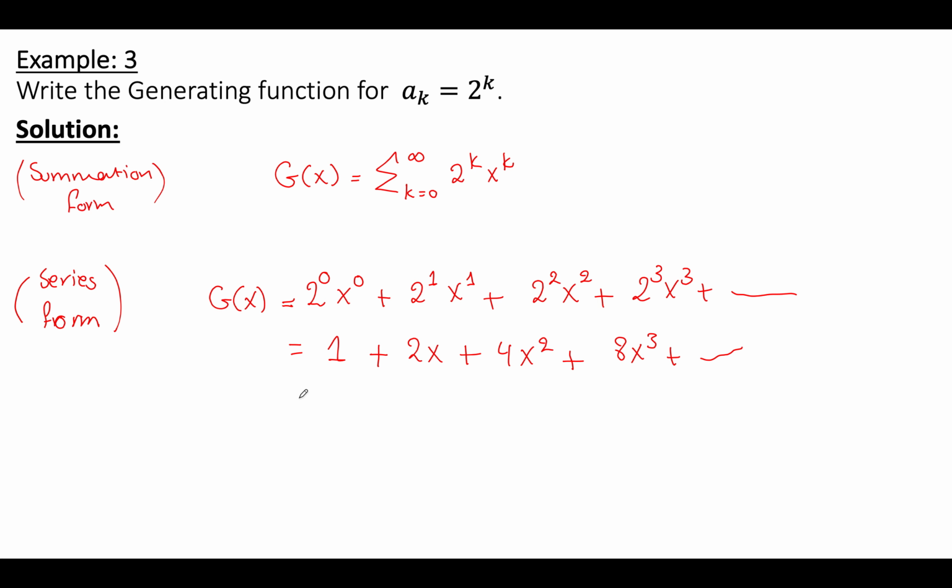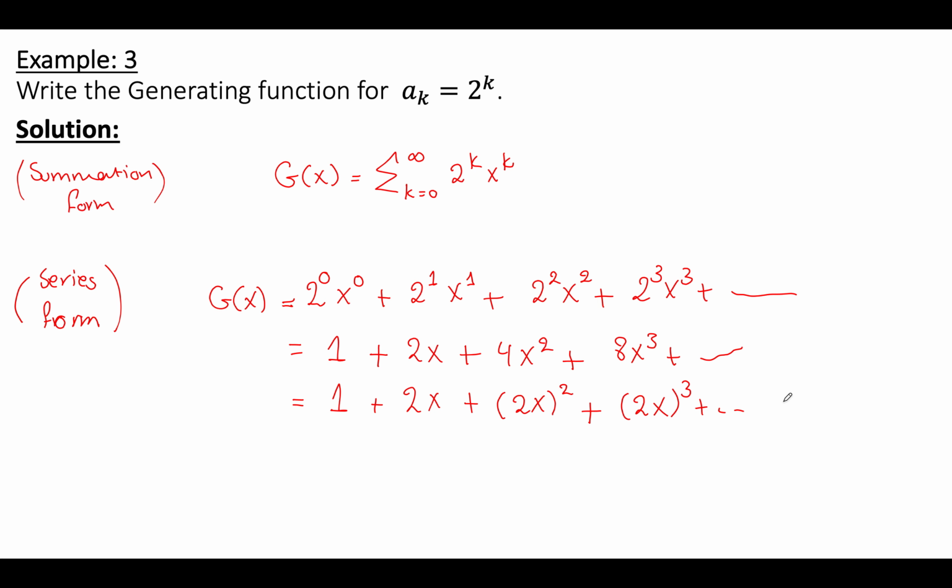So we can have the series as 1 plus 2x, and we all know that 4 is 2 to the power 2, so I can have it as (2x)^2, plus 8 x cubed, and 8 is 2 cubed, so it's something like (2x)^3, and so on.